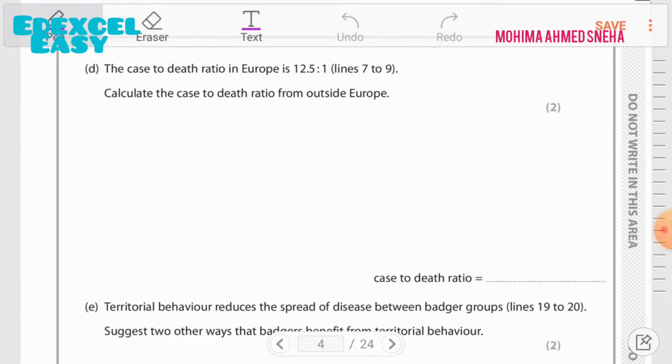D. The case to death ratio in Europe is 12.5:1. Calculate the case to death ratio from outside Europe.